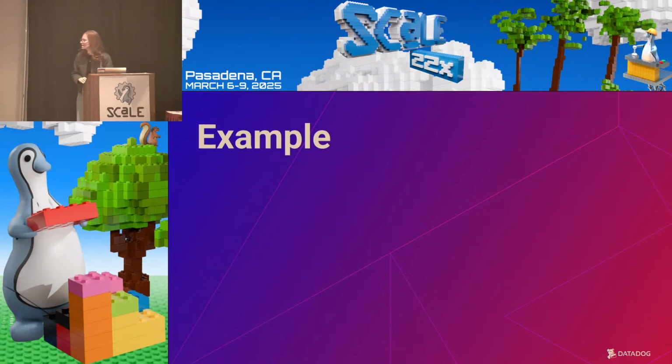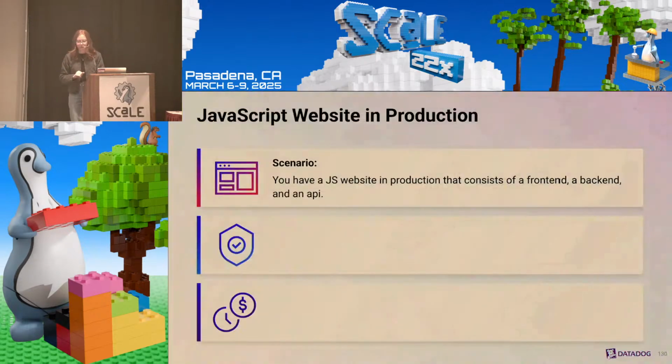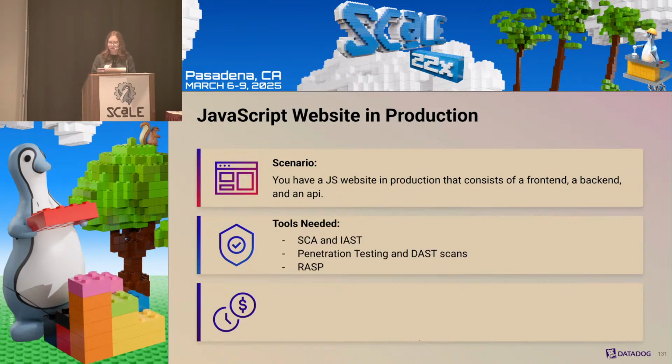So now I'm going to give y'all just a very brief example. Let's look at a JavaScript website in production. And now this JavaScript website has a front end, a back end, and an API. And with that, I want some different tools in place.